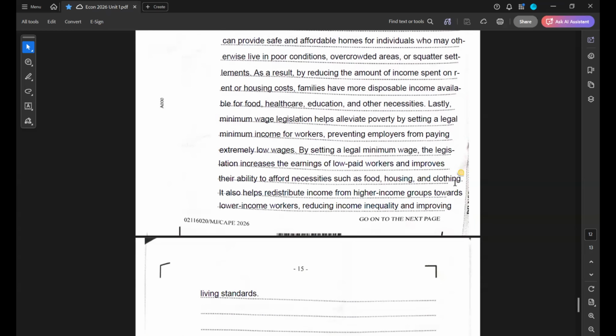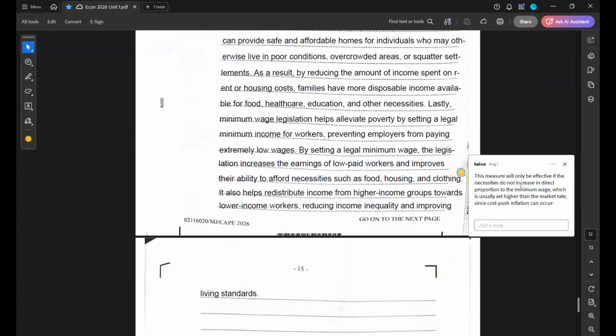By setting a legal minimum wage, the legislation increases the earnings of low-paid workers and improves their ability to afford necessities such as food, housing, and clothing. It also helps to distribute income from higher income groups towards lower income groups of workers, reducing income inequality and improving living standards.